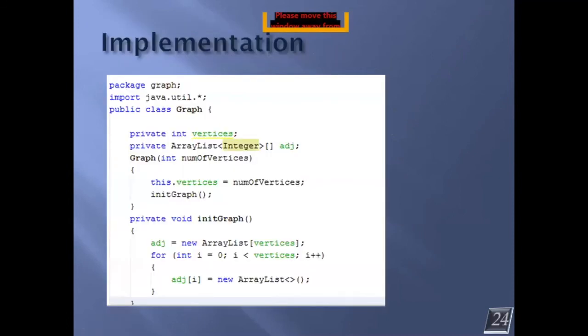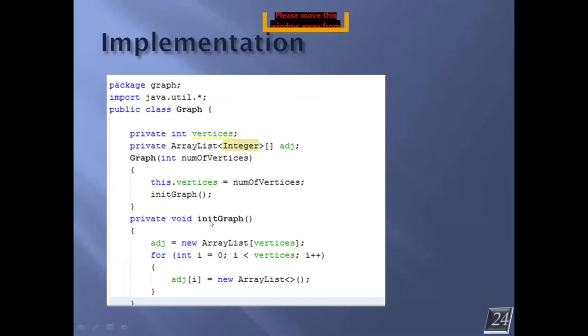Now the implementation. First of all, I declare a class named Graph. Then I declare a private variable vertices and an array list which will contain the adjacent elements of the graph. Then I declare a constructor to initialize the vertex count and call initGraph to initialize the adjacency list.